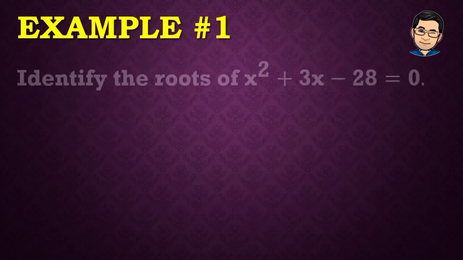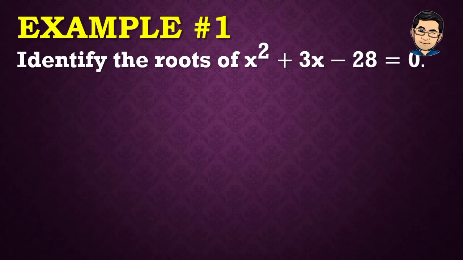For our first problem, we have: identify the roots of x squared plus 3x minus 28 equals 0. Let's identify the values of a, b, and c. The values are a equals 1, b equals 3, c equals negative 28.